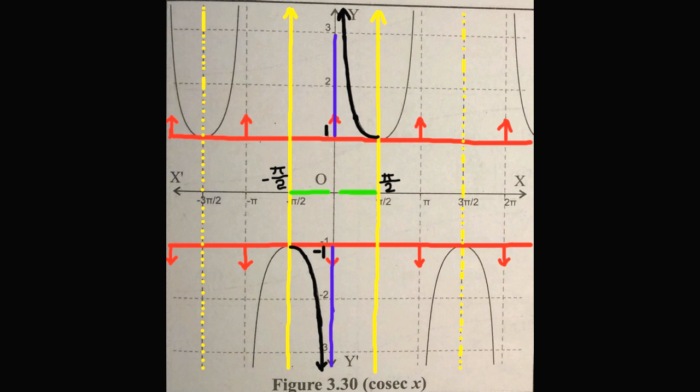In this function, the domain is set of all real values except the integral multiple of pi, while the codomain or range is the set of all real values except open interval -1 to 1, because the graph of cosecant function is above the line y equal to 1 and below the line y equal to -1.